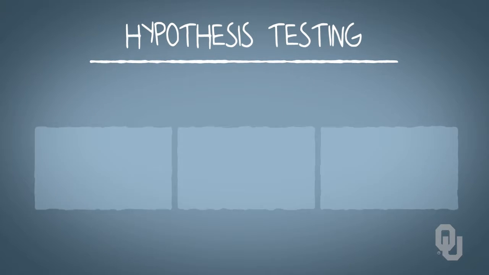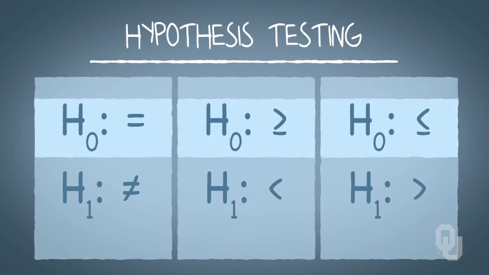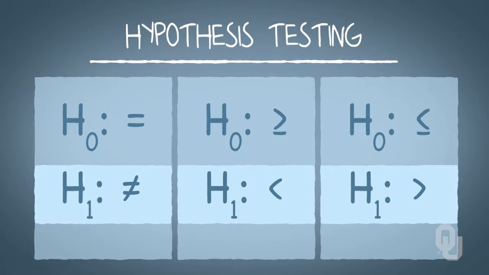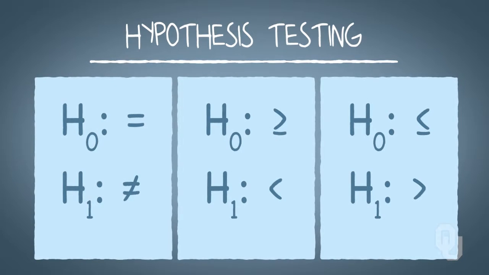Note that those three pairs are the only three options that we can have. A statement that deals with equality must be in the null hypothesis, and the alternative hypothesis must be contradictory. So those three options are the only three that we have. And any statistical statement about a parameter of a single population will fit into any of those three options.